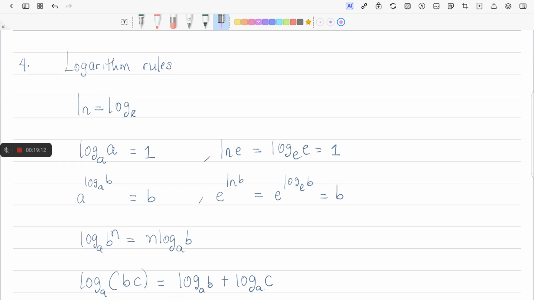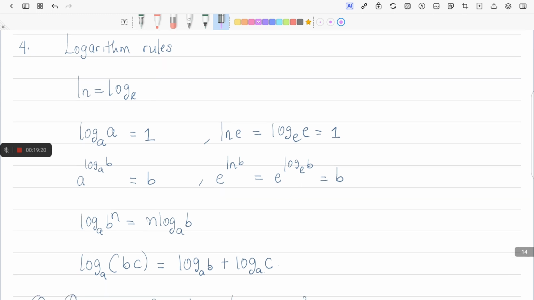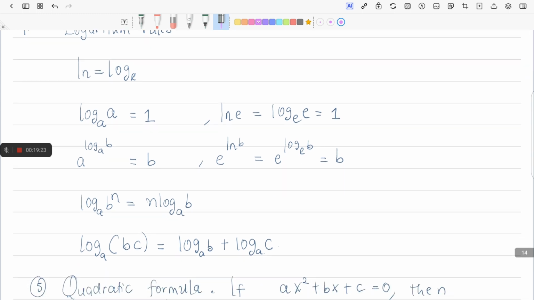So first, take note that when you see this symbol ln, it simply means the natural logarithm, and it's simply log to the base of e, the exponential. And then log a to the base of a is 1, because a raised to the power of 1 is a. A to the power of log b to the base of a is b.